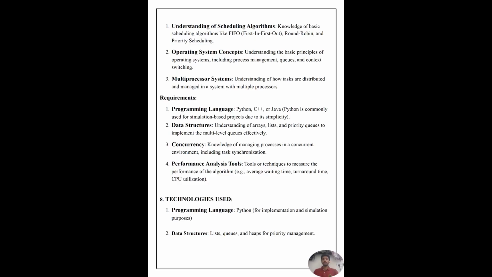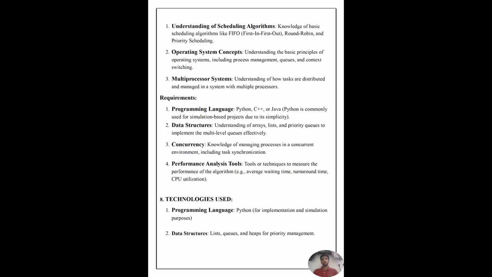Concurrency is one of the requirements: knowledge of managing processes in a concurrent environment, including task synchronization. The last requirement is performance analysis tools: tools or techniques to measure the performance of the algorithm, for example average waiting time, turnaround time, and CPU utilization.